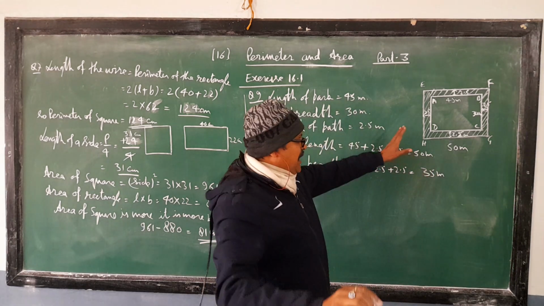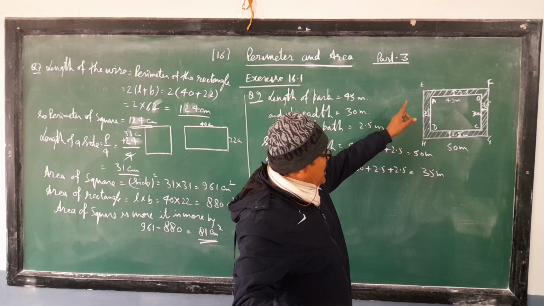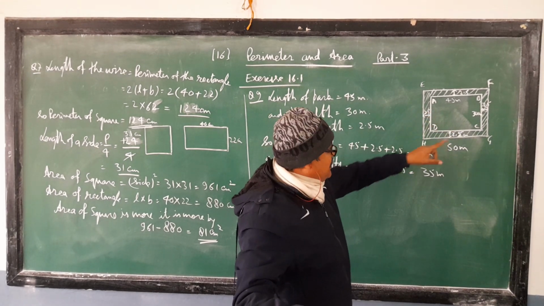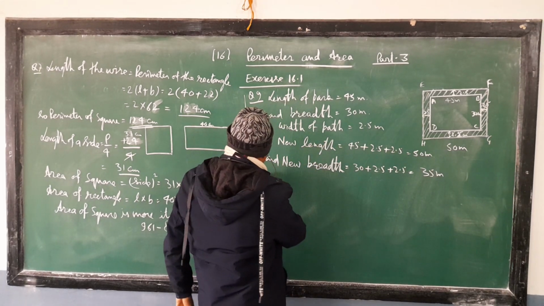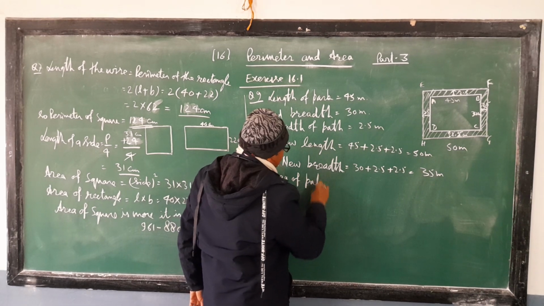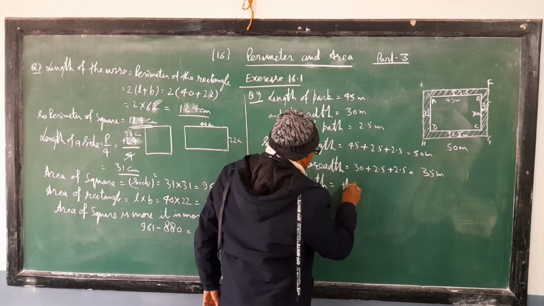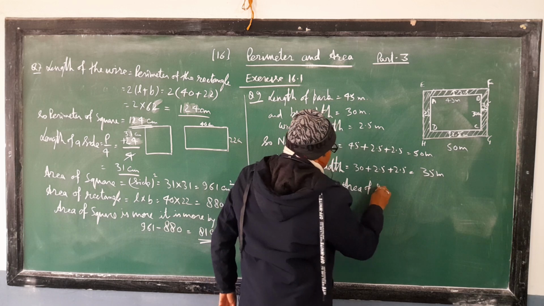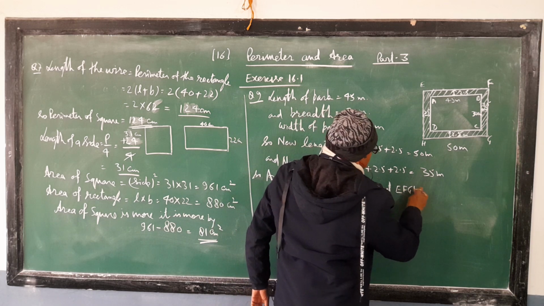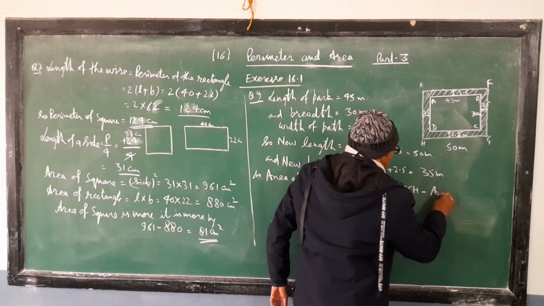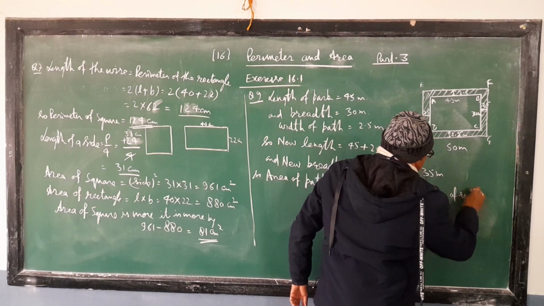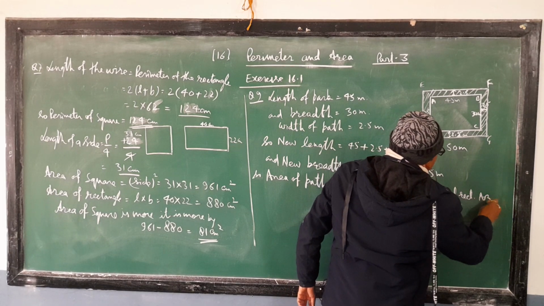So what would be the area of the path? Area of path is equal to area of rectangle EFGH minus area of rectangle ABCD.